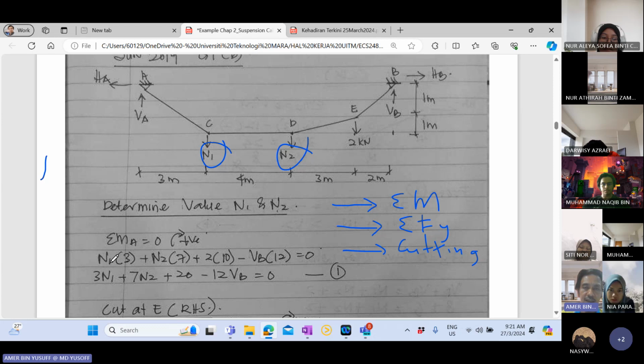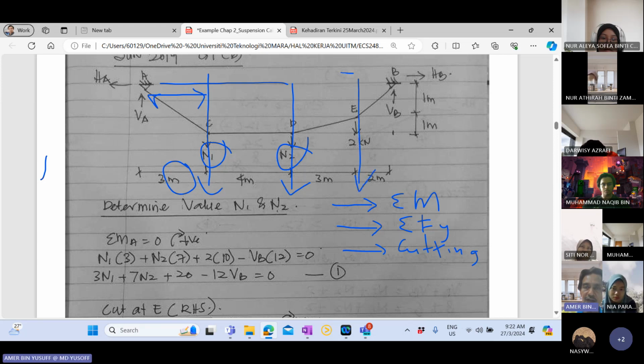So N1 multiplied by 3. This is N1, so multiply by this distance, 3. Then we consider N2. This is N2, so the distance is 3 plus 4. That's why you got a 7 here. Then you consider 2 kilonewton.